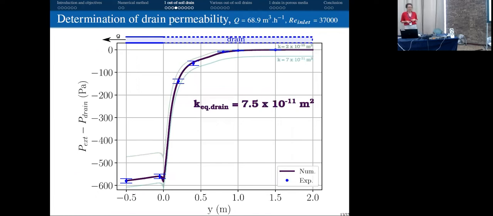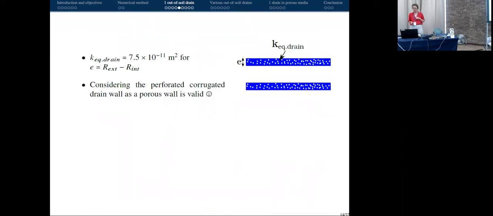Now about the result. Here it's pressure on the drain. The blue points are the experimental results, and we plot various curves, so various numerical results with various equivalent permeabilities, and we find that the purple one fits the experimental points perfectly.